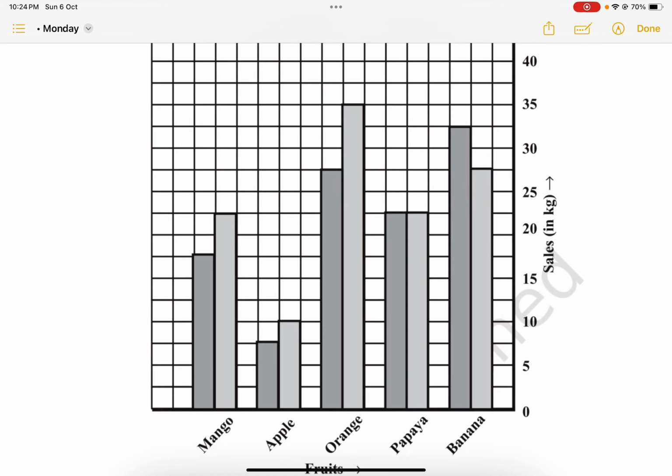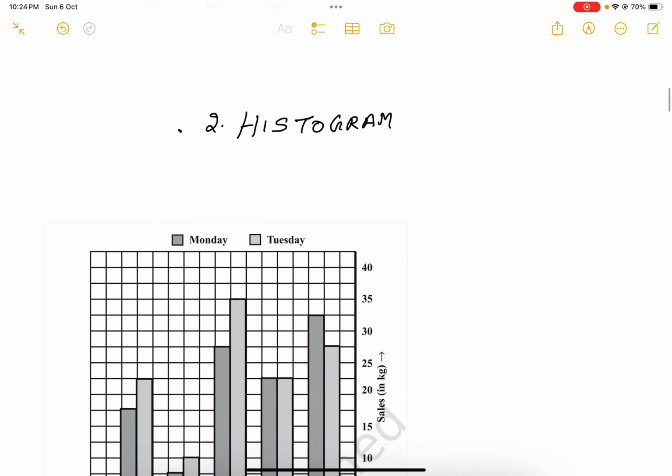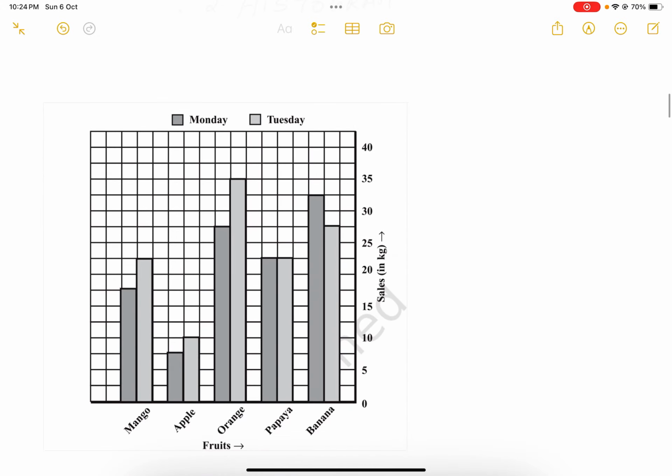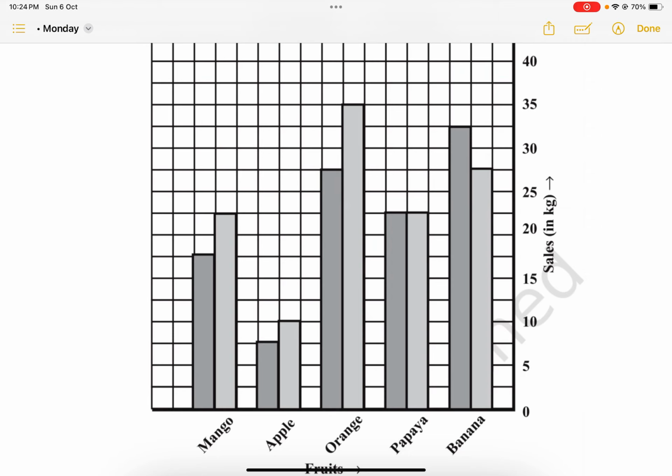One is the dark gray color and the other is the light gray color. He has mentioned that the dark gray color is Monday and the light color is Tuesday. So from this graph, the x-axis has all the fruits, and the y-axis has the number of kgs of the fruits.